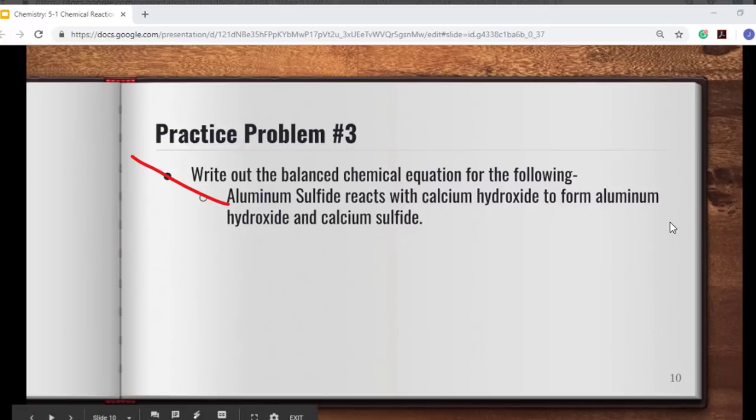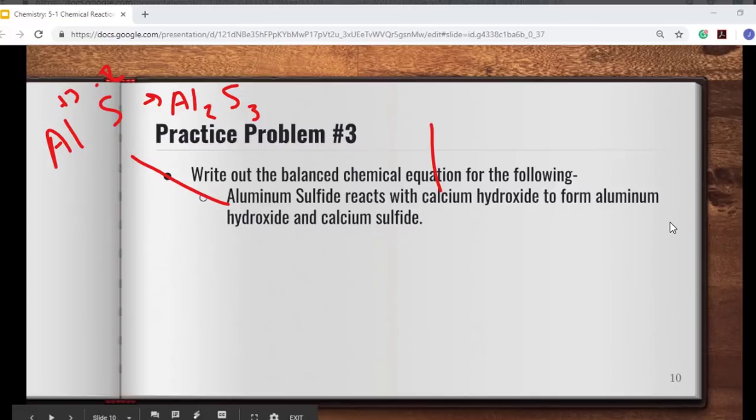So the first one here, aluminum sulfide. Aluminum is Al. Sulfide is just S. It's plus 3 minus 2. So aluminum sulfide is Al2S3.